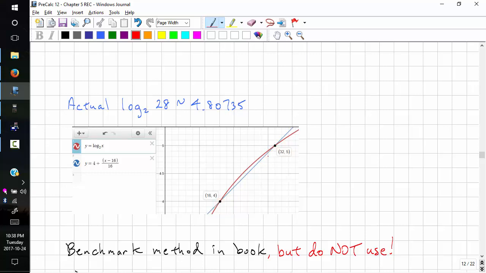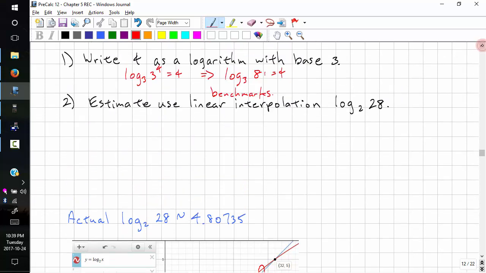So we pick the closest bounding powers. If we look at 28, this is 20, this is 30, so 28 is here. We look at this blue line, it's very close to the red line, and that's what I'm going to show you how to calculate. That's called linear interpolation.